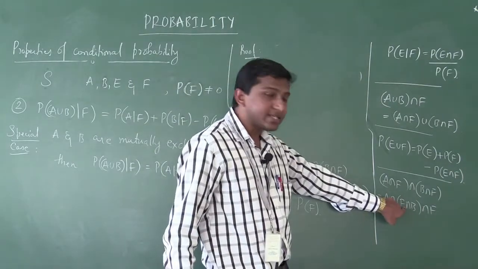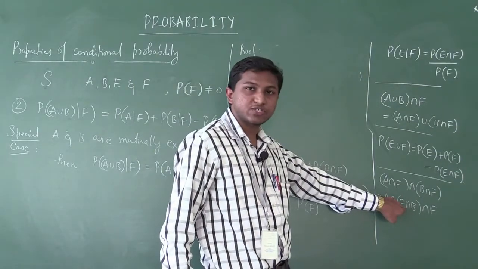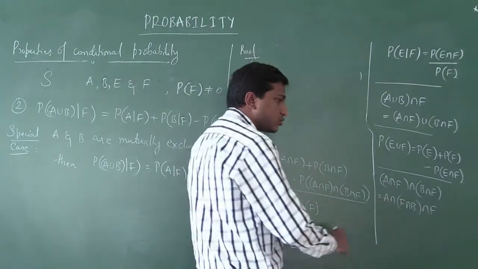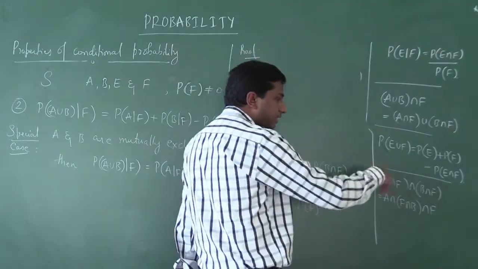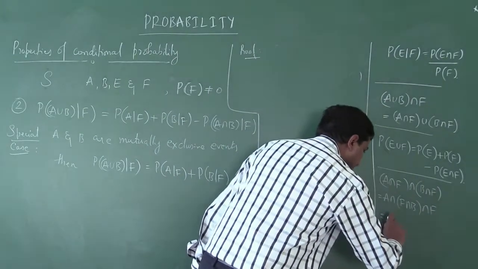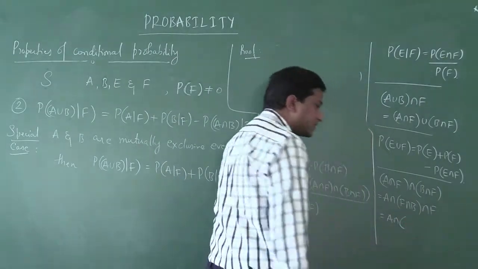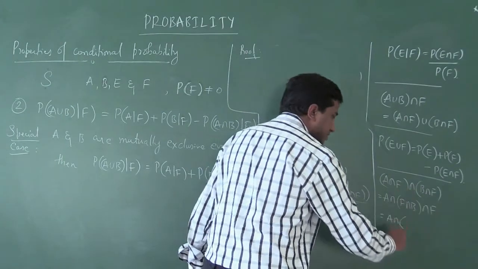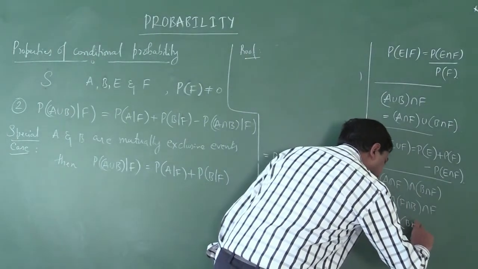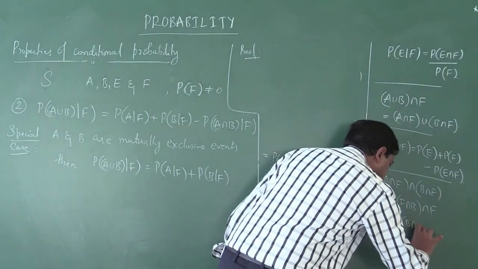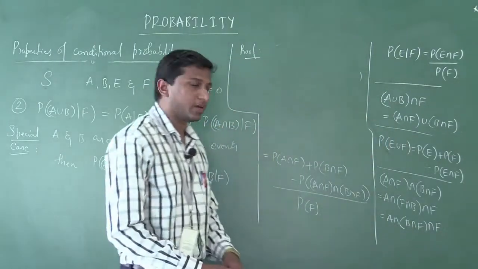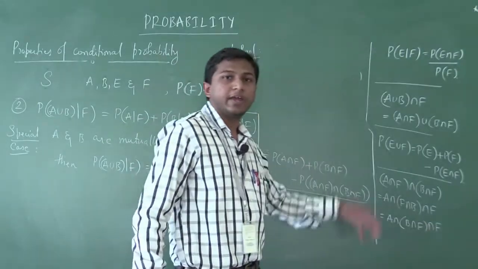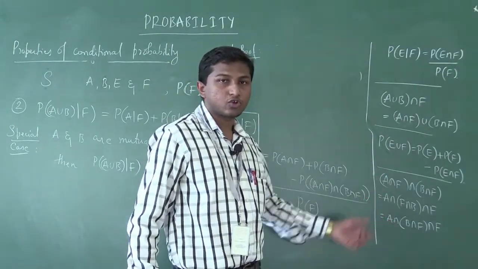Is intersection of two sets commutative? Yes. So F intersection B, I can write it as B intersection F. So I will write this as A intersection (B intersection F) intersection F. This follows from intersection of sets being commutative.